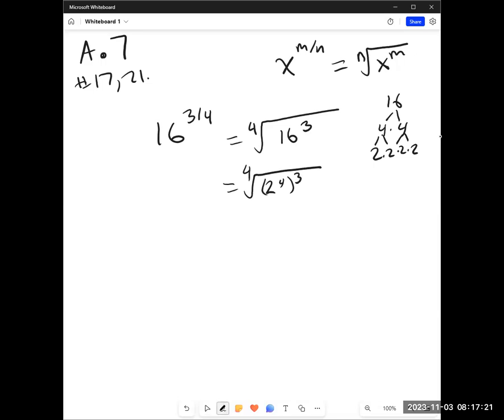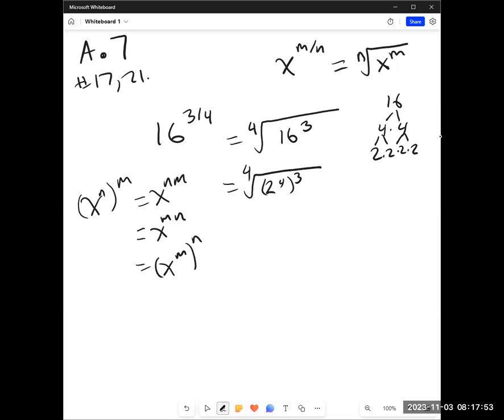And you can see that x to the n, raised to the m, is equal to x to the n times m. And because multiplication is commutative, I could switch the order and rewrite it as x to the m raised to the n.